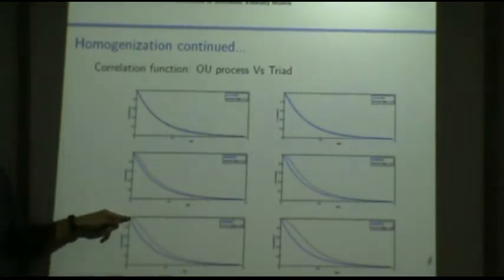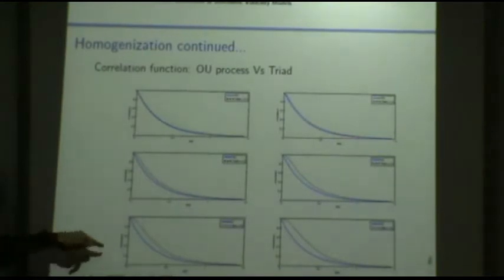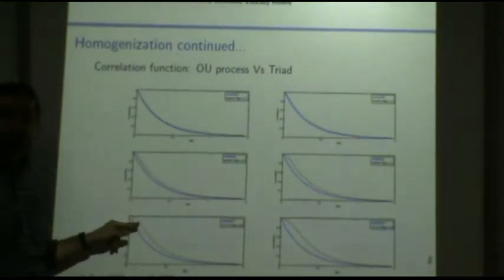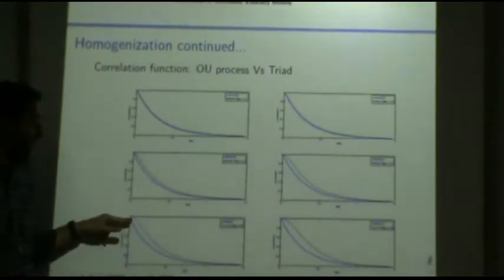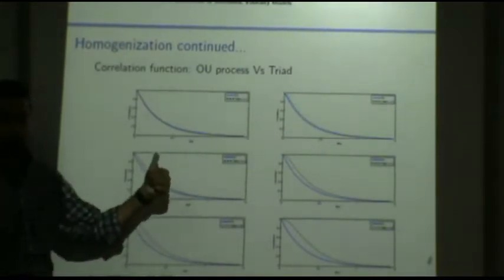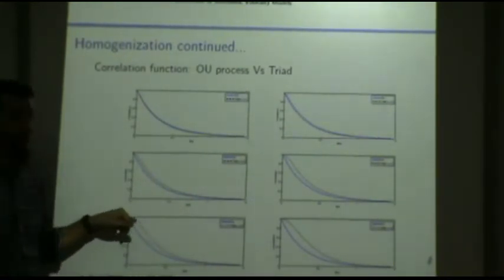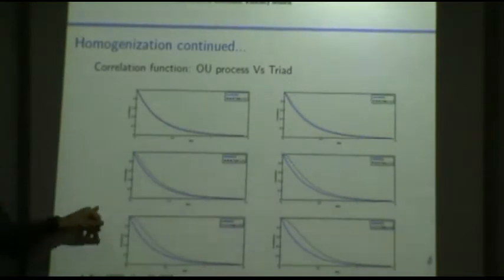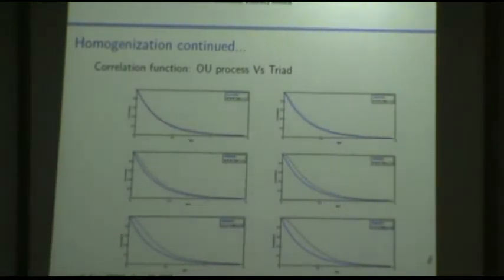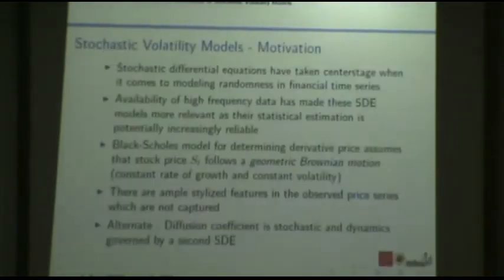My stationarity I extended symmetrically on the other side, so it is not differentiable at lag 0, whereas the correlation function for the slow variable in my triad model is also concave down and it's differentiable. So it is similar to the case of the smooth OU process in a certain sense.